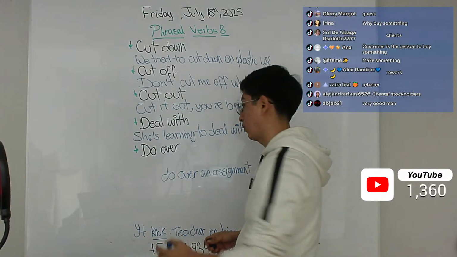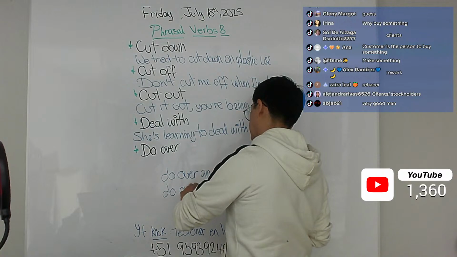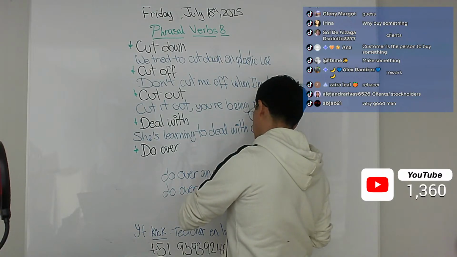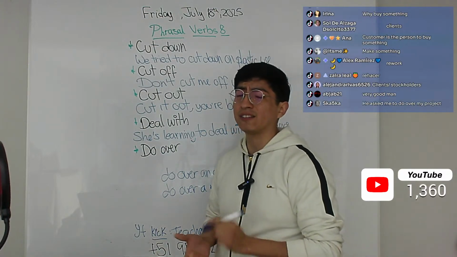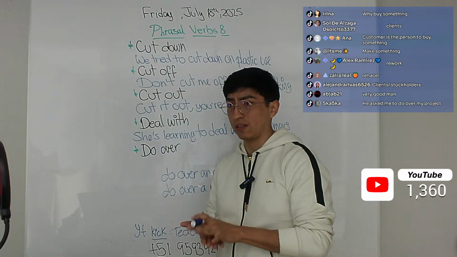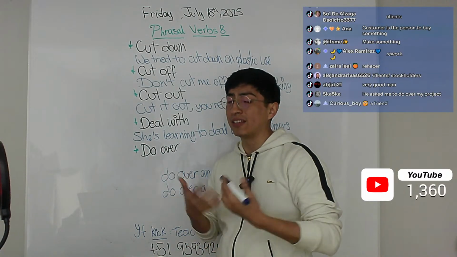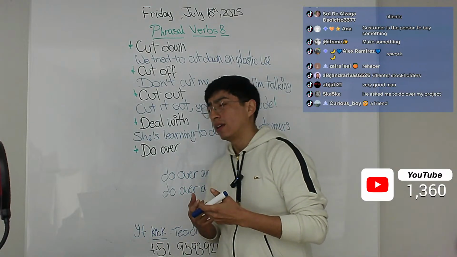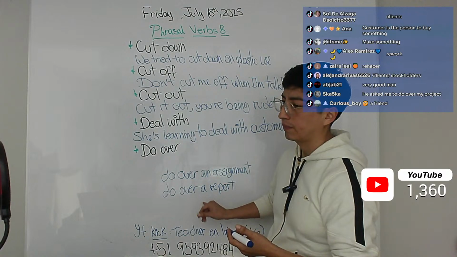What else? We can say do over a report. Oh, your report is incomplete, or your report has some inaccuracies, information that isn't accurate. So you have to do over your report.